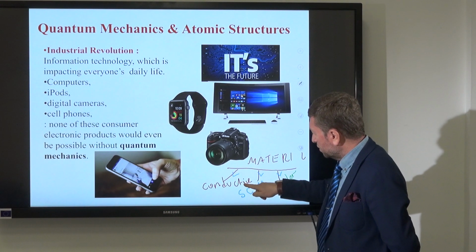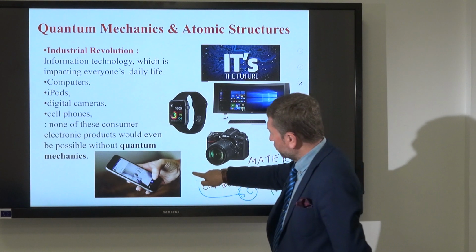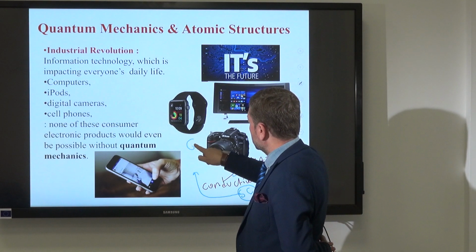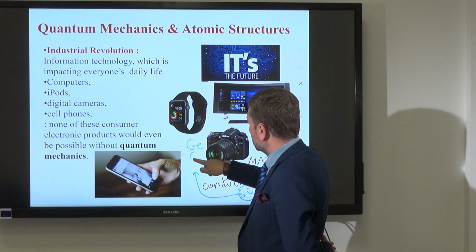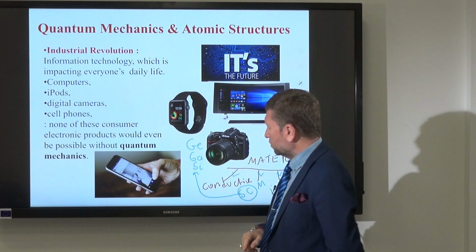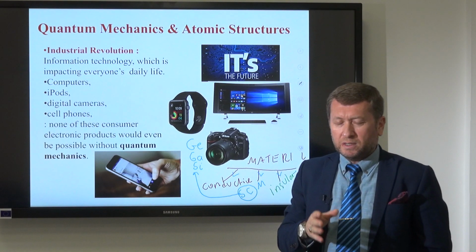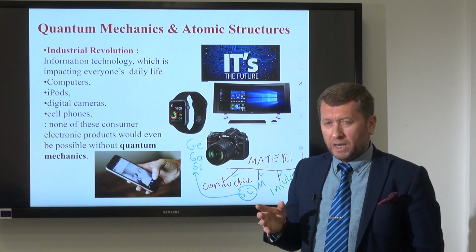Based on semiconductor materials, we can write for example germanium, gallium, and silicon. This kind of material has been used in integrated circuit elements.